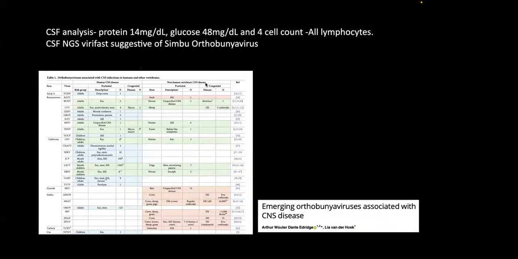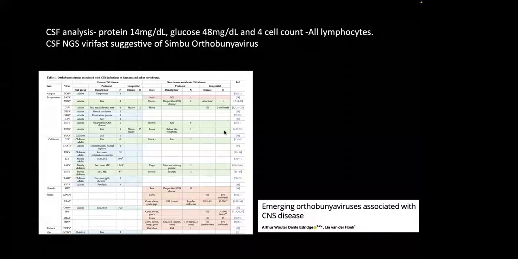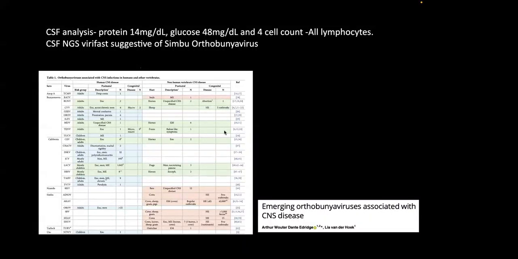Actually, there is a huge list of criteria for how you define causality, that it is because of this. So there are a lot of other investigations to be done, and we have sent the samples for cross confirmation to NIV Pune.